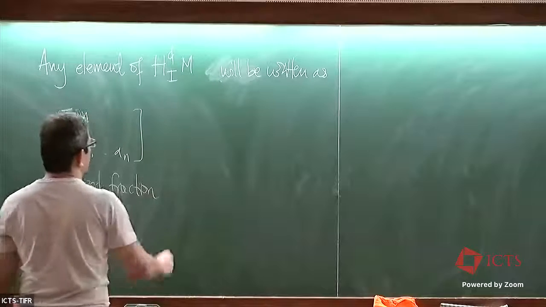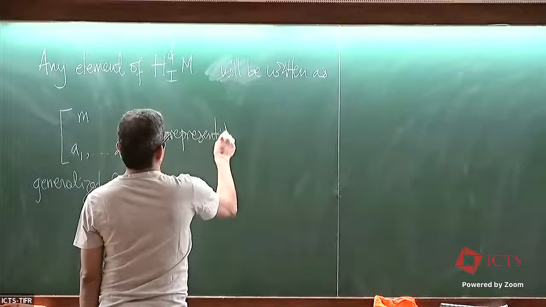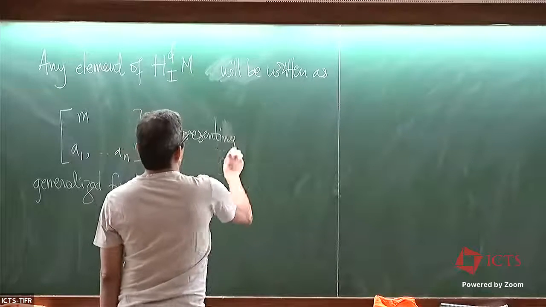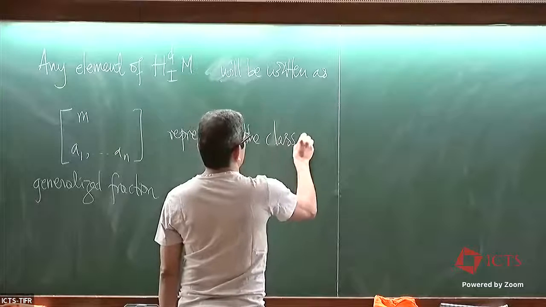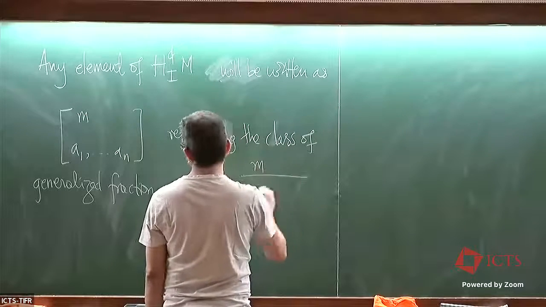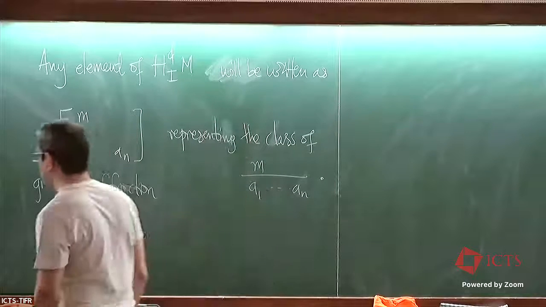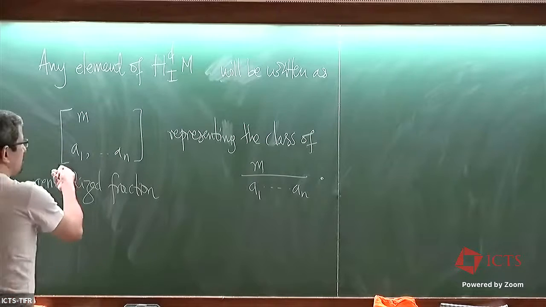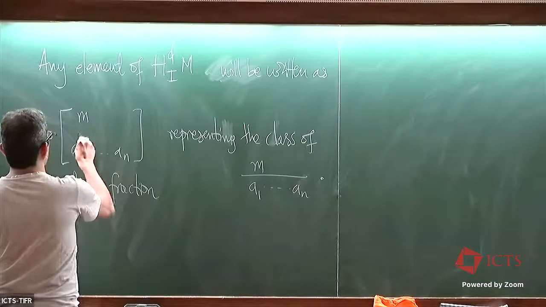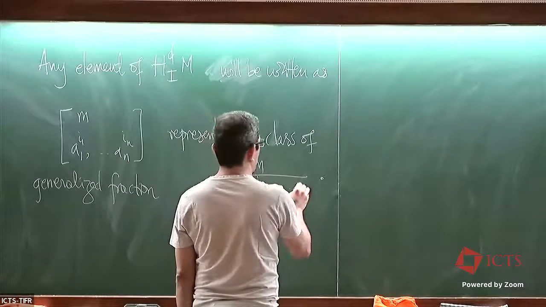And this represents the class of m over a_1. Maybe I should allow indices, I guess. So i_1 to i_n, i_1.